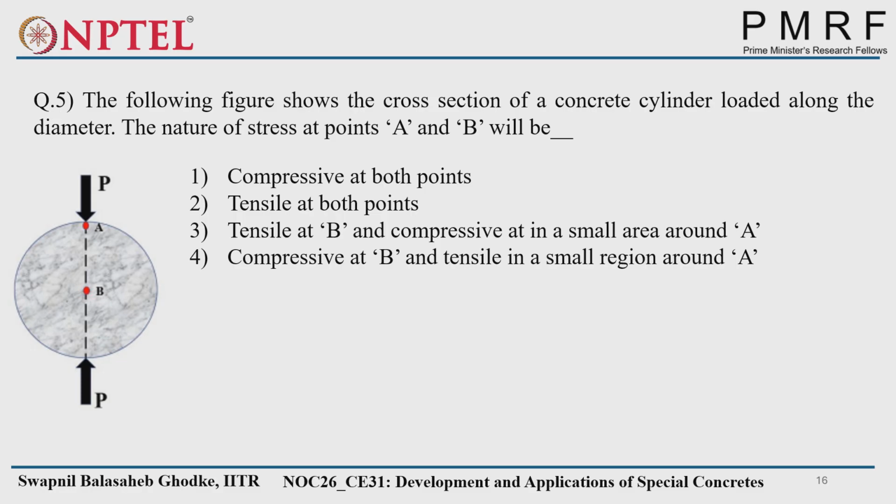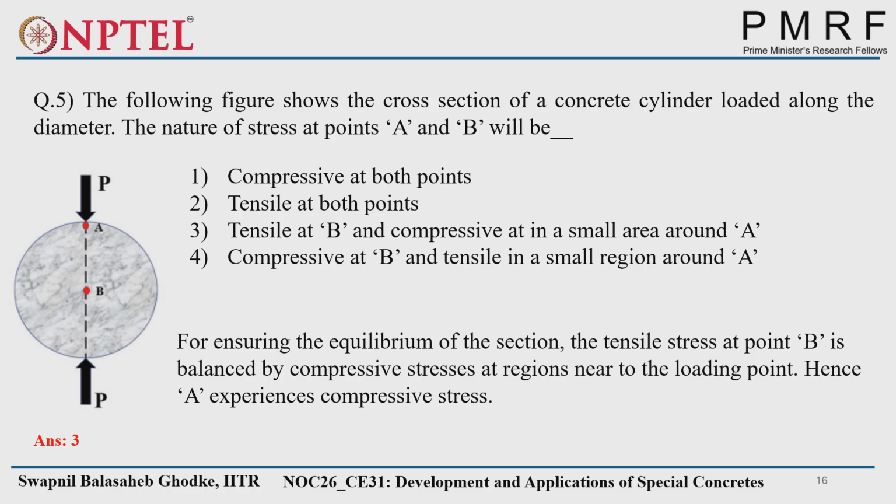They will be in tension. Okay. Air compression. Any other? Are all agreed with this answer, right? So tension at B and compression in a small area around A, right?